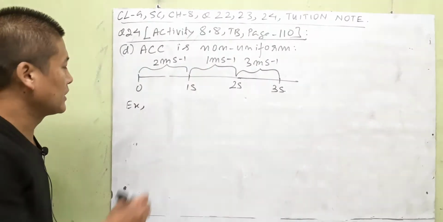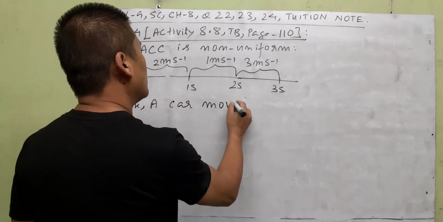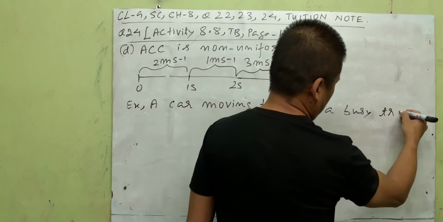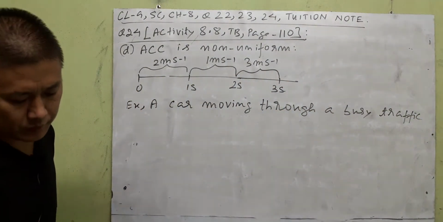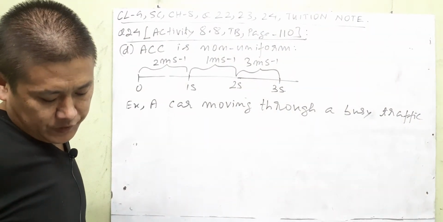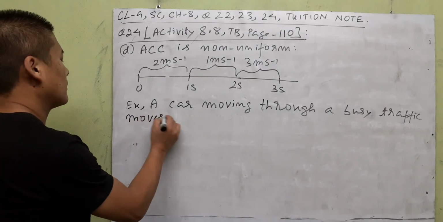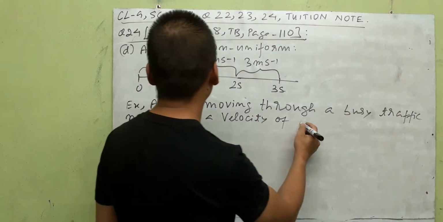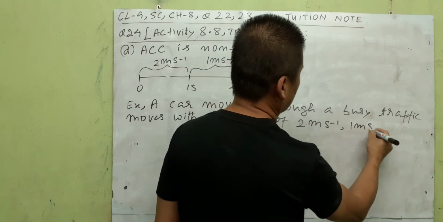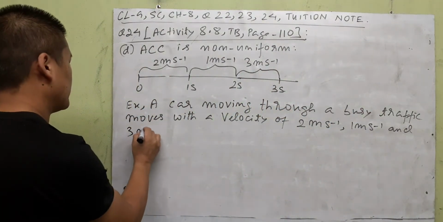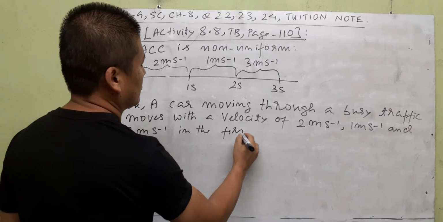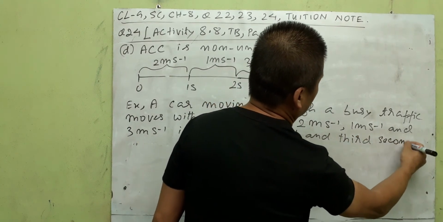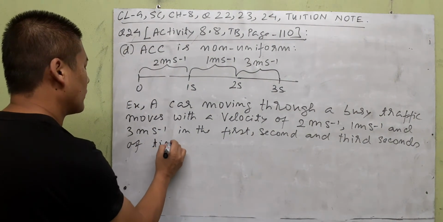A car moving through a busy traffic on a straight road moves with a velocity of, let us say, 2 meters per second, covering 2 meters in 1 second, then 1 meter per second, and 3 meters per second in the first, second and third seconds of time. We are talking about time, okay?